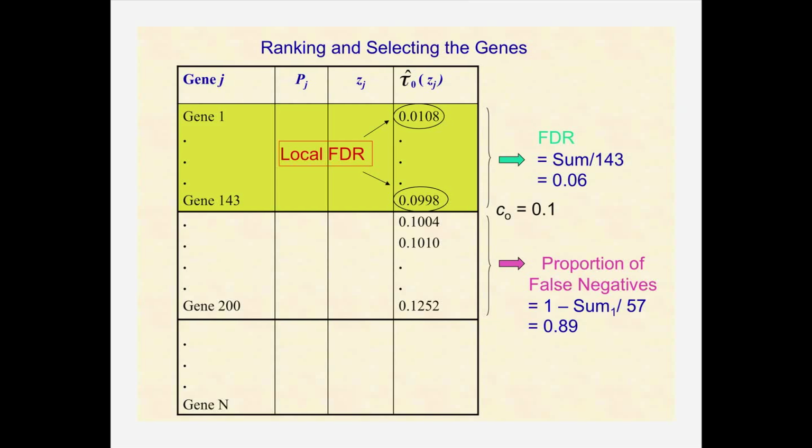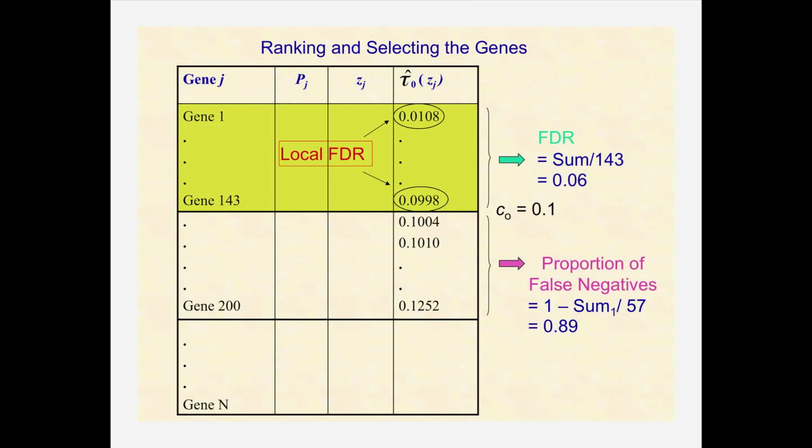For example, with the head and neck data, suppose we rank the genes in increasing order of the local false discovery rate, and we decide to draw a line and declare all genes with an estimated local false discovery rate less than 0.1 to be differentially expressed.